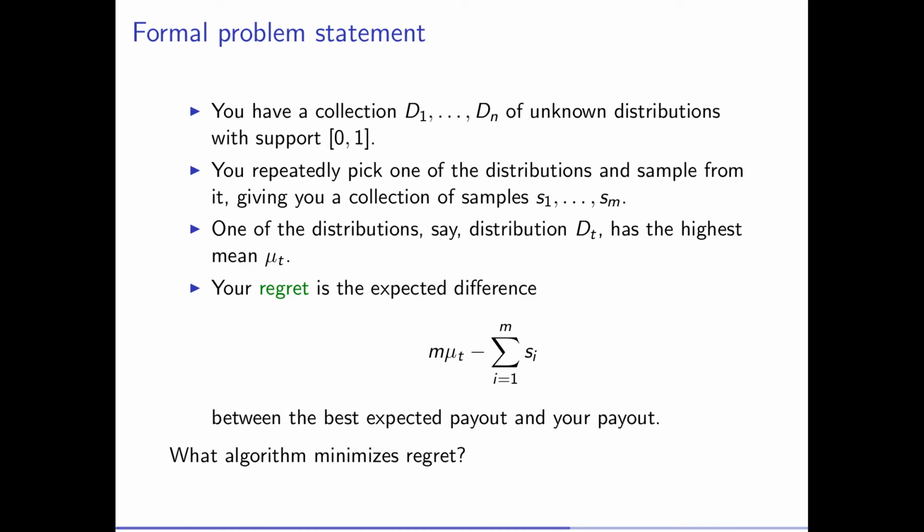We're going to model these slot machines as a collection of unknown distributions, and we'll make an assumption that we know what the maximum payout of the machine is. So we'll say that the distributions have support 0 to 1. That is, when you sample from one of these distributions, you get a number between 0 and 1. 1 will be our stand-in for the maximum payout.